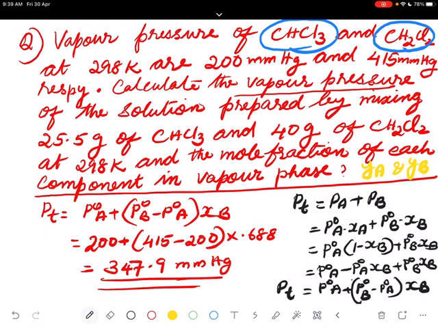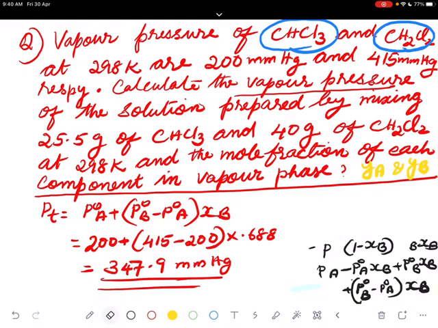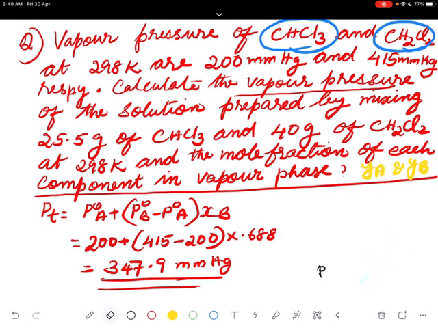How can we calculate Ya? Which is the equation including Ya? Among those 5 equations, it is Pa is equal to Ya P total, or Pb is equal to Yb P total.